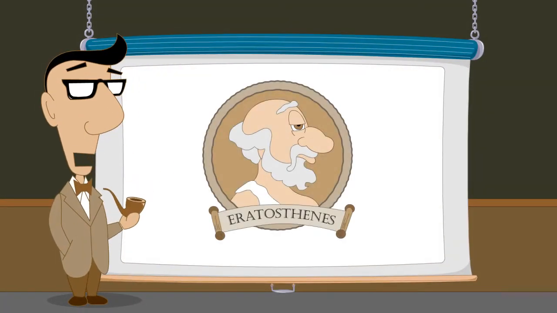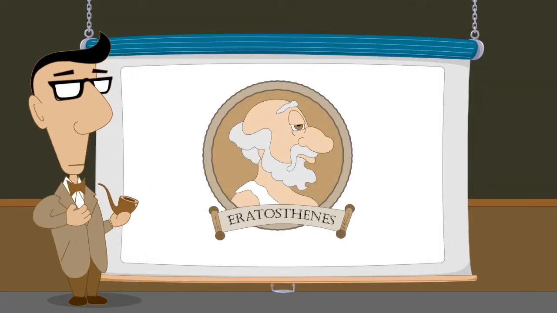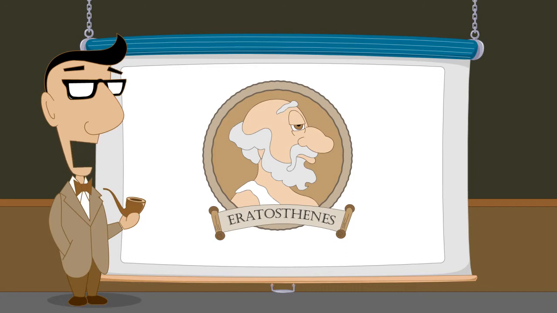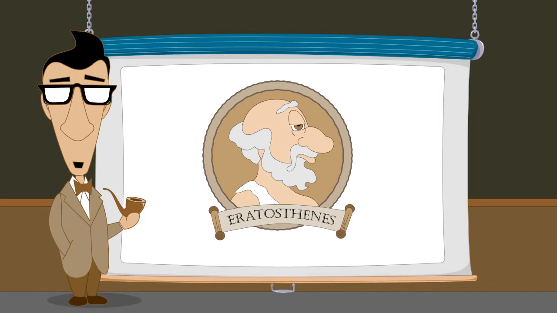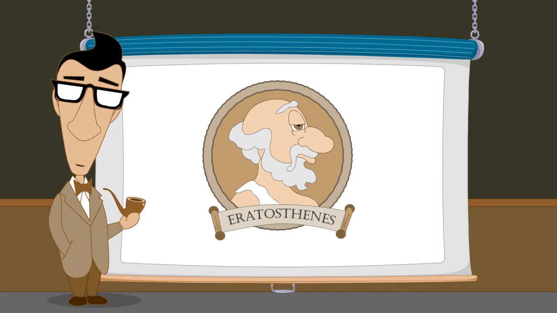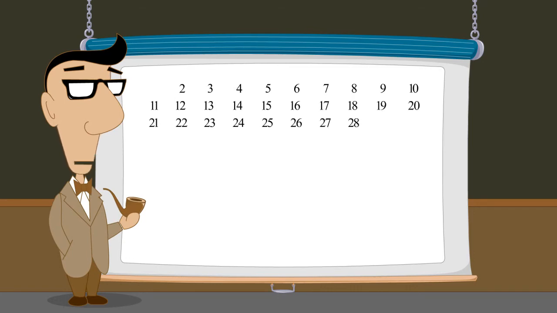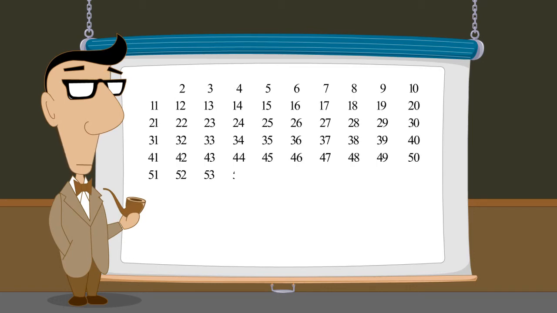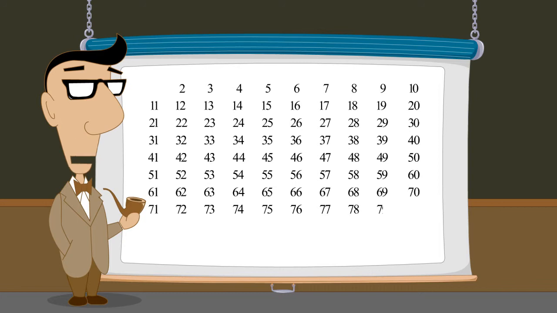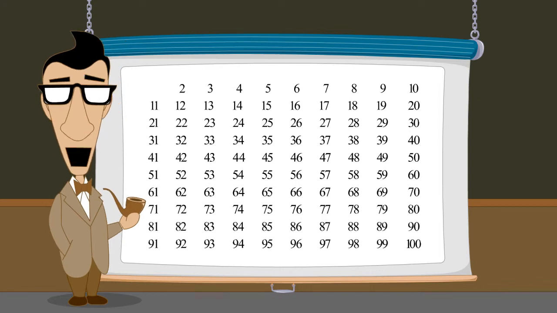To determine which natural numbers are prime, we can use a process invented by the ancient Greek mathematician Eratosthenes. This process, called the sieve of Eratosthenes, involves eliminating all composite numbers from a list of natural numbers. The numbers that are left are prime. Let's try it for the natural numbers 2 through 100.